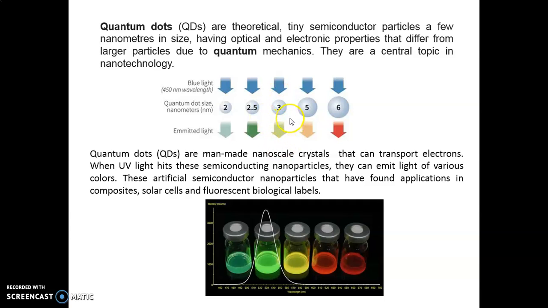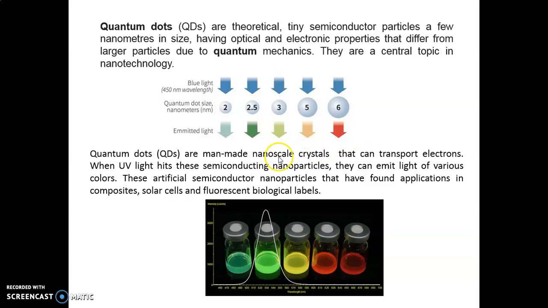Then at 3 it is another green light. At 5 it looks nearly orange. Then at 6 nanometer it gives a red color.